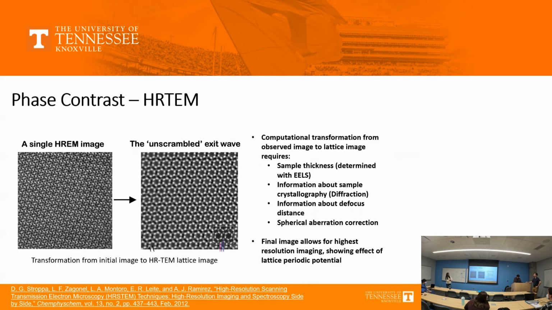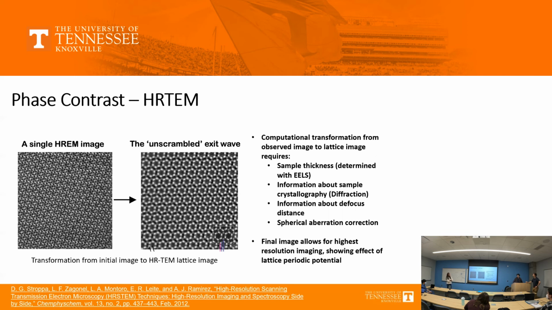So when you want to do the highest possible resolution TEM, called HRTEM or STEM, you're able to do actual lattice imaging, where now you're assessing how the periodic potential of your crystal lattice is interacting with your electron beam. And that's how you can do lattice imaging like that and actually do 2 nanometer or angstrom scale imaging.